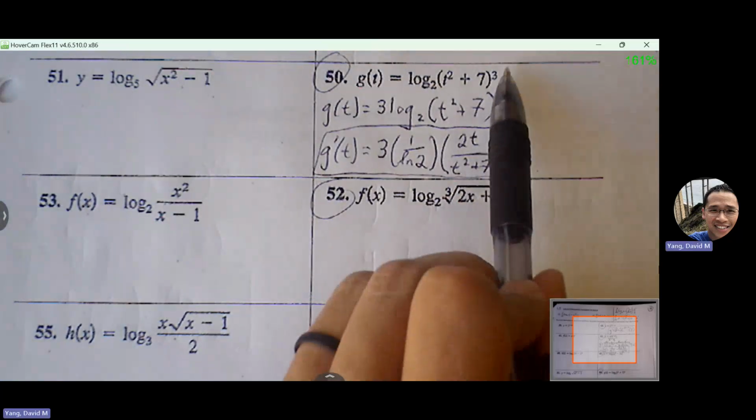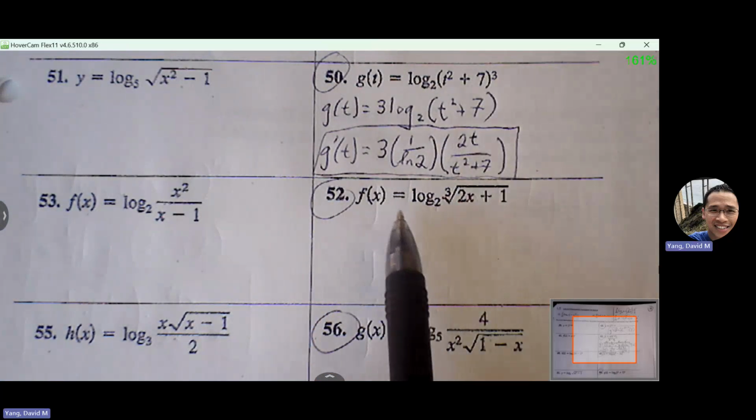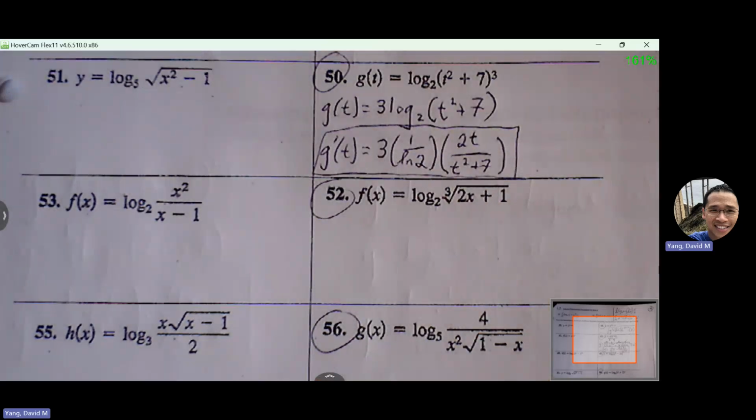Get that exponent to show up, expand, and then do your derivative rule.